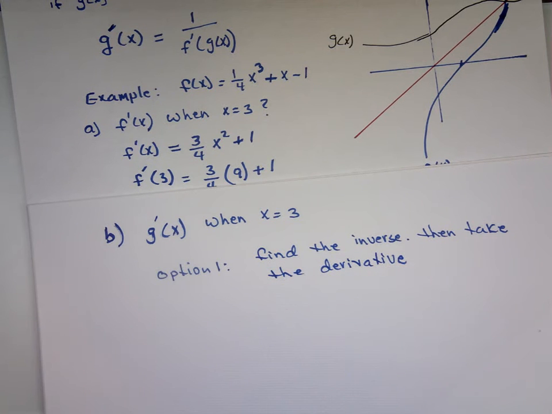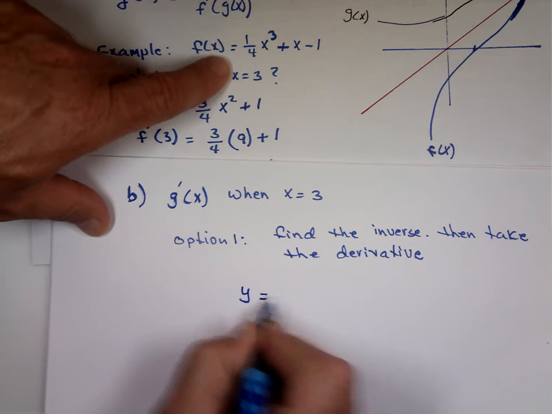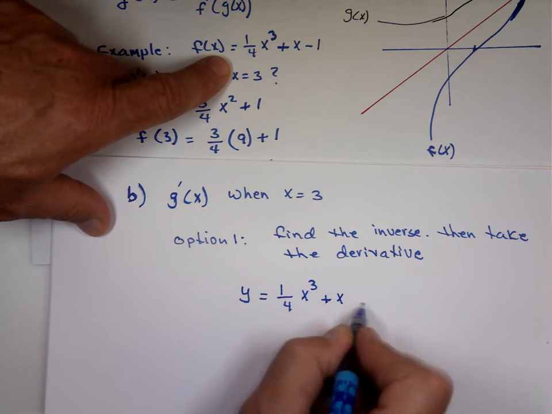So to find the inverse, we go at f of x, we call it y equals 1/4 x cubed plus x minus 1.